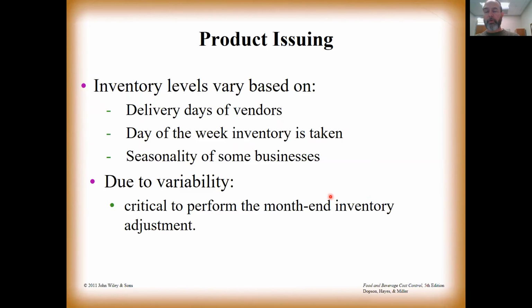And that is going and putting hands on, eyes on the actual product to verify that it exists and it's where we think it should be. Once we make this adjustment with the physical count, we can add the adjustment to the 6-column beverage cost estimate. And once we do that, we can use those amounts to make additional calculations.